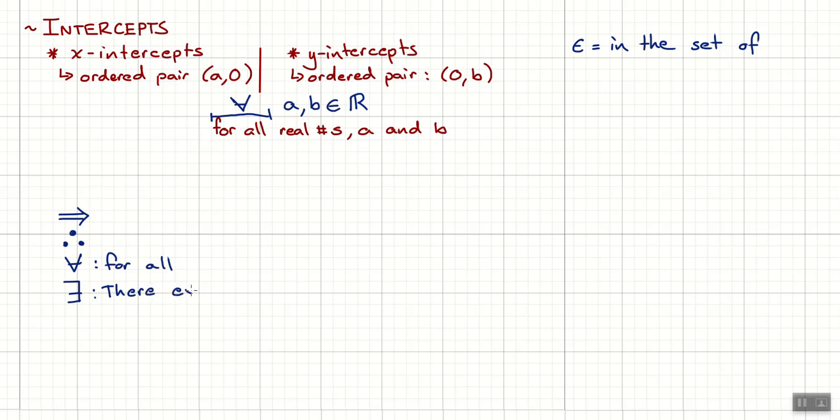Now, sometimes something exists and it is one of a kind or unique. I don't want to have a whole different symbol to say there exists a unique. I just want to be able to tweak it just a little bit. If we want this to be unique, we are going to say there exists again, and then we're going to exclaim it. There exists a unique, is what this says.